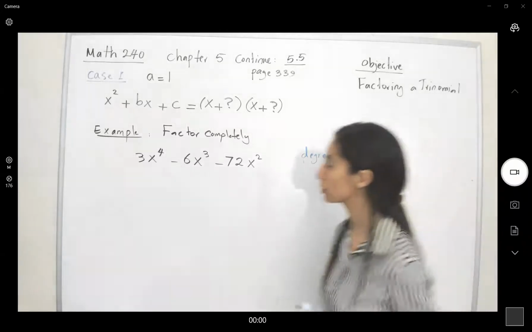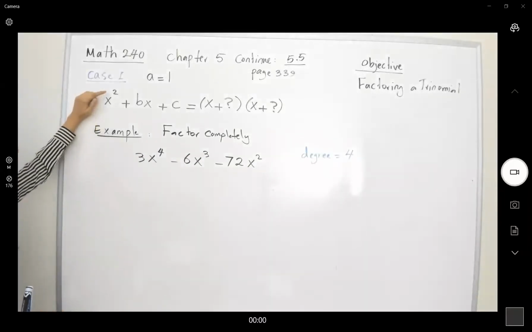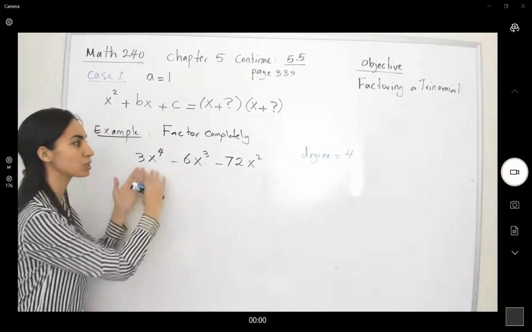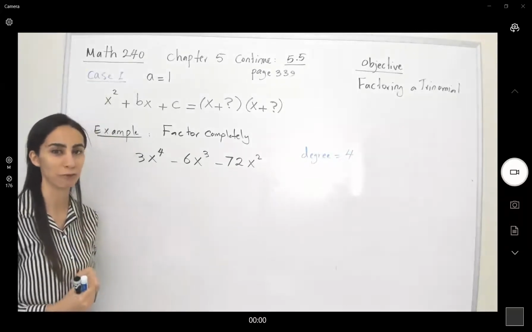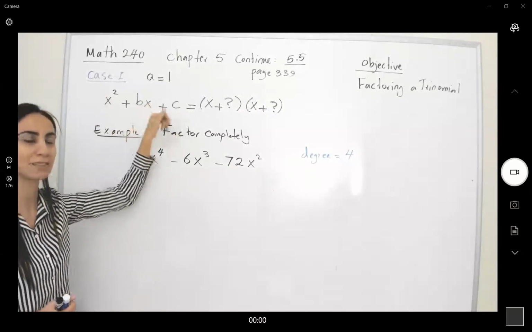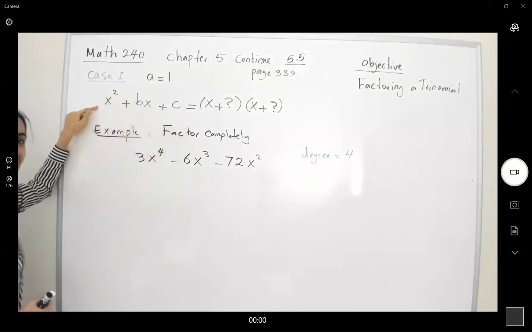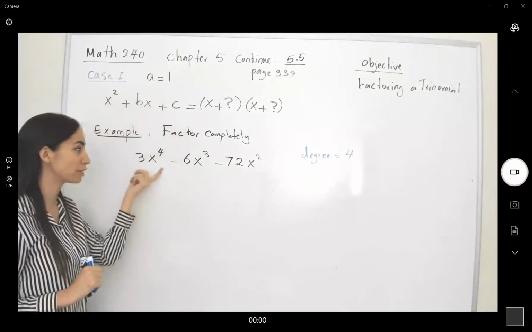Take a look at your trinomial with degree 2 and leading coefficient 1. Our goal is to rewrite this expression so we can derive some information which gives us numbers b and c with leading coefficient 1. Okay, take a look at the first addend.